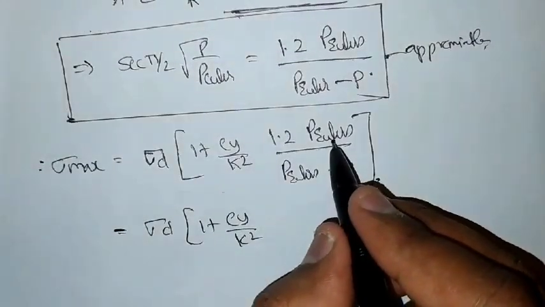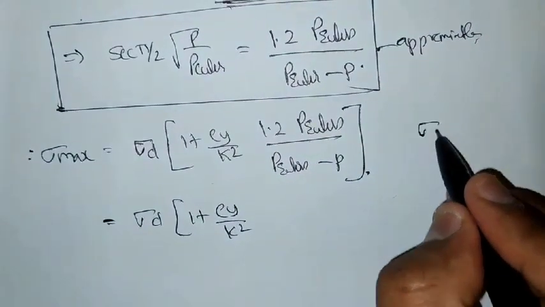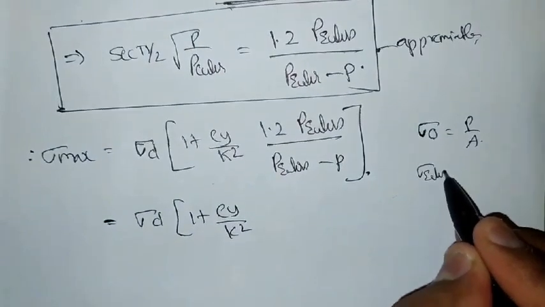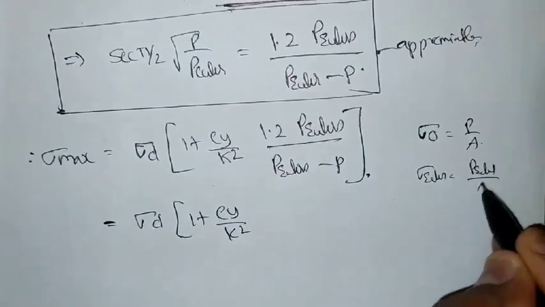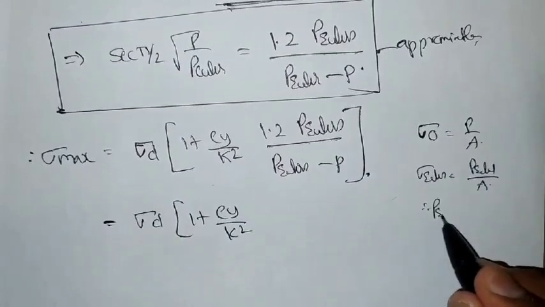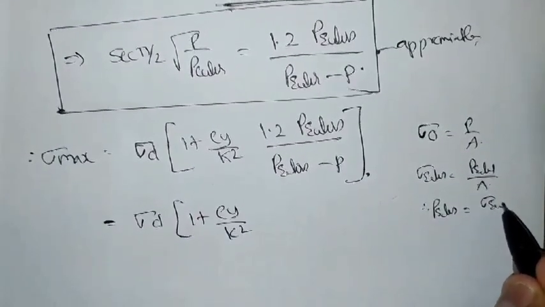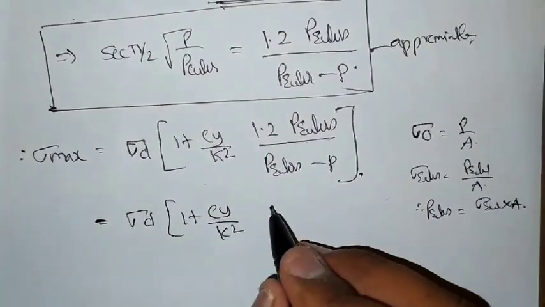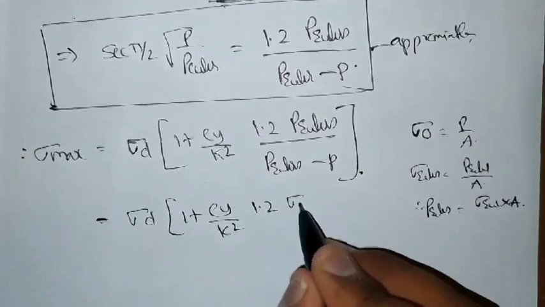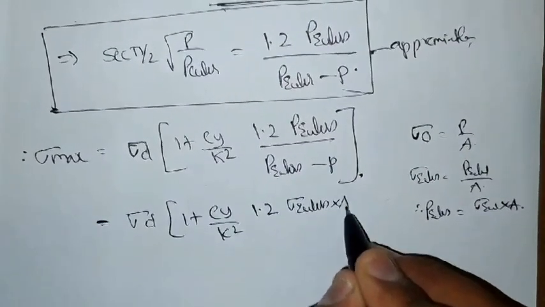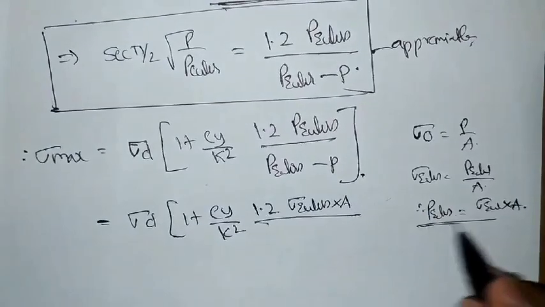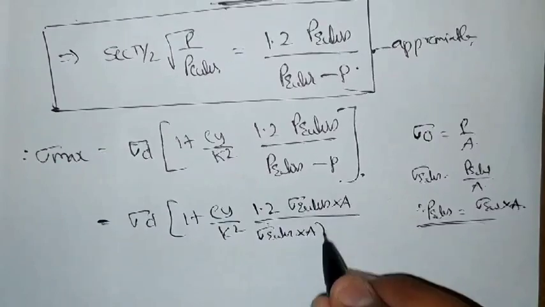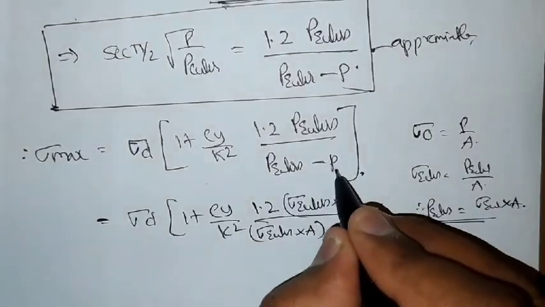So P Euler's can be written as follows: if sigma naught is equal to P by A, then sigma Euler's is equal to P Euler's by A. Therefore P Euler's is equal to sigma Euler's into A. By substituting like that, we get 1.2 into sigma Euler's into A. Similarly here also P Euler's can be written as sigma Euler's into A minus the P value.